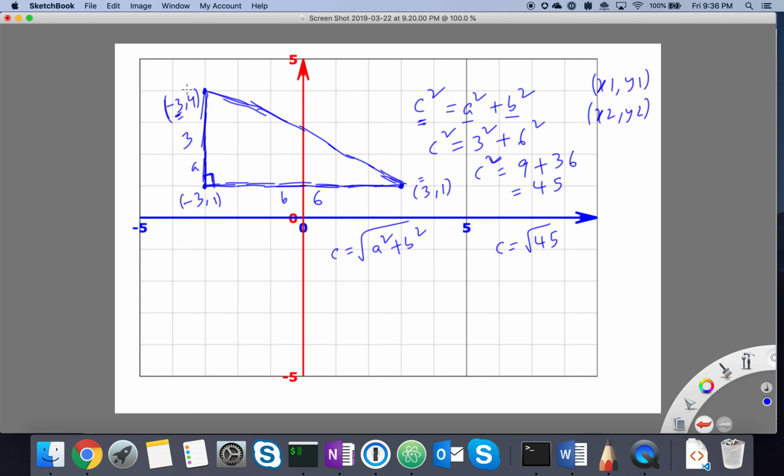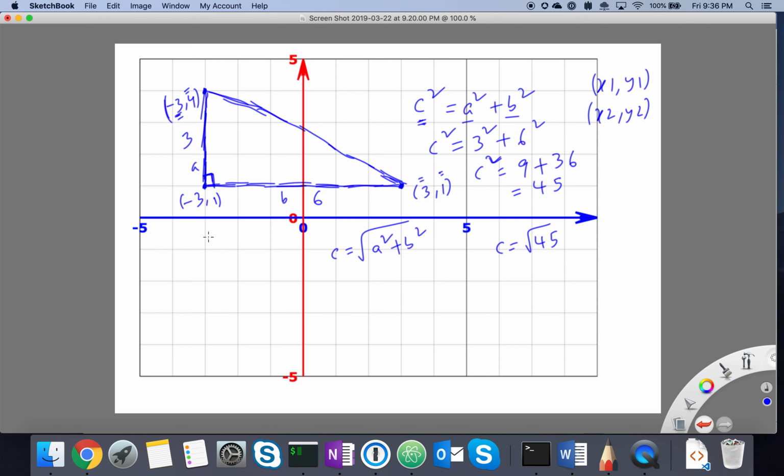In some cases it could be increased, and in some cases decreased. So I can say the difference, right? The difference between these 2 y values, 4 and 1, is 3.